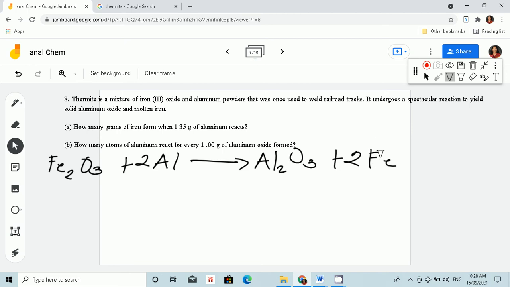So we are asked in letter A how many grams of iron form when 135 grams of aluminum react. We are asked for the grams of iron.